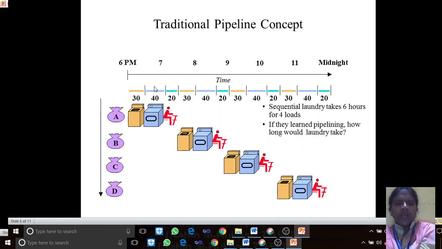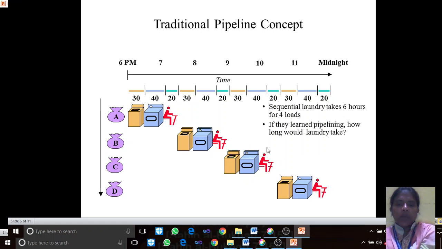After the first person's laundry is over, the second person's laundry starts. Again it consumes 90 minutes. C's laundry starts around 9 o'clock at night.